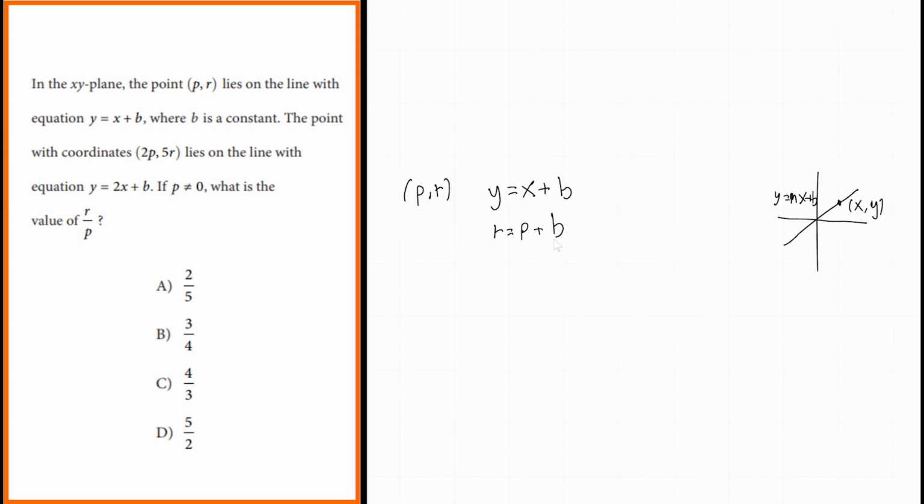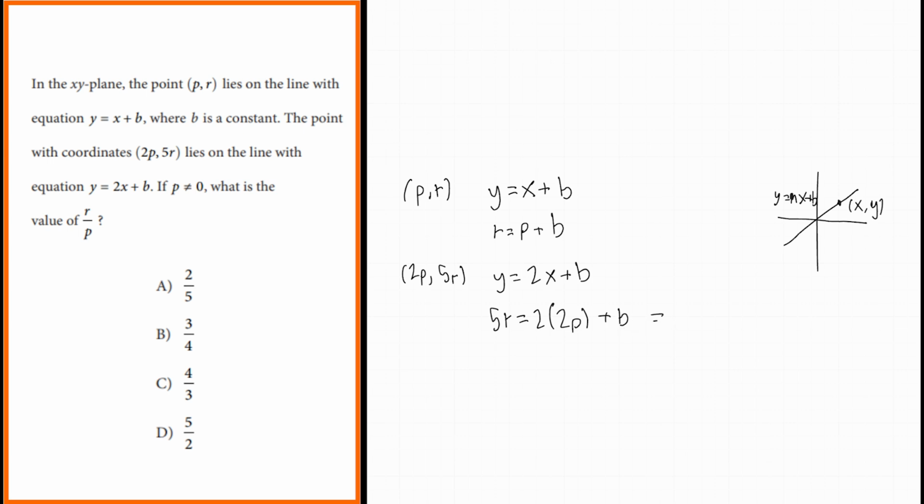And the same thing is true for our other point, (2p, 5r), on the line y equals 2x plus b. We plug that in, we get 5r equals, and this 2 is multiplied by what we're plugging in for this x, which is the 2p, plus b.